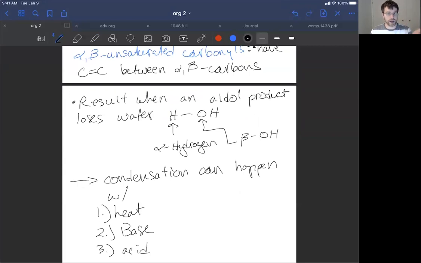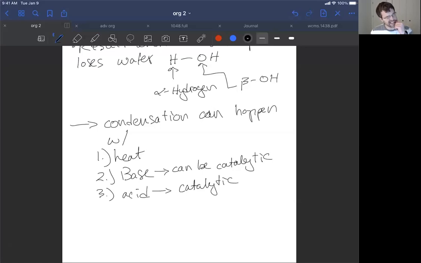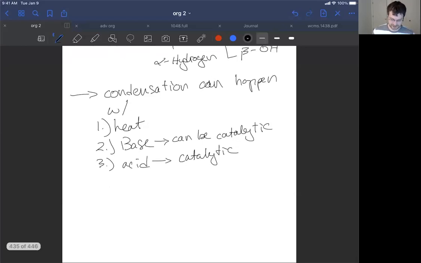When it's acid or base, it can be catalytic in the presence of base, and it's often catalytic with acid. And catalytic heat, let's not worry about that today. So we have heat, base, acid. These are the three conditions. Does that mean we have three mechanisms to consider? Yeah, sort of.